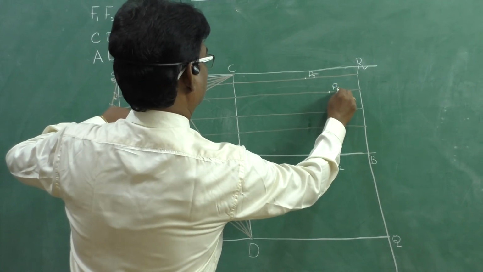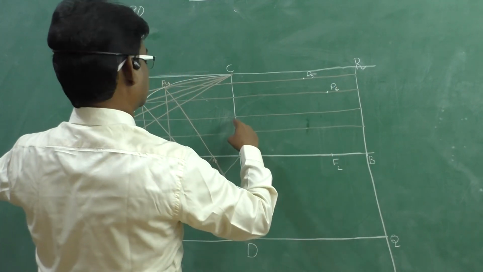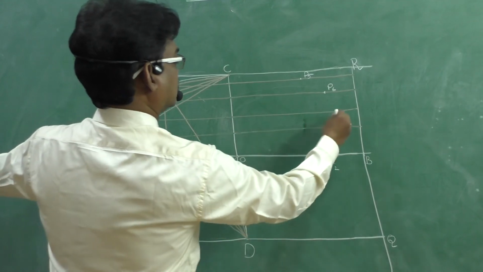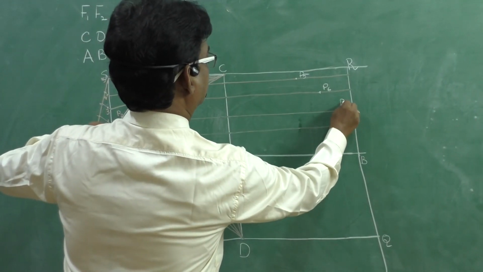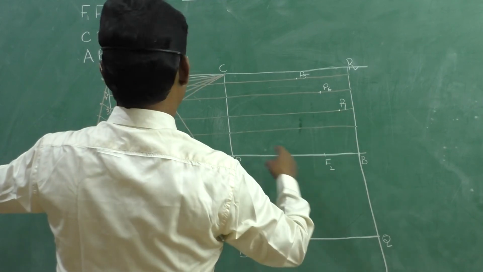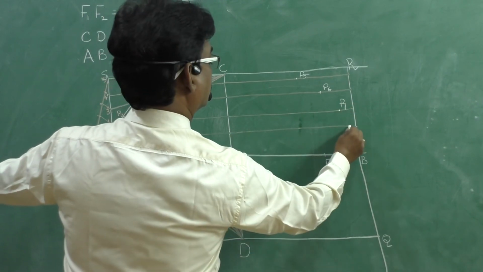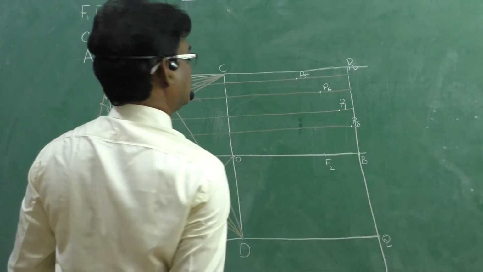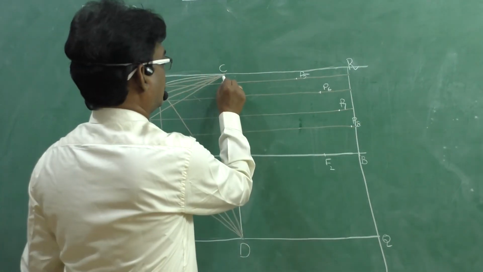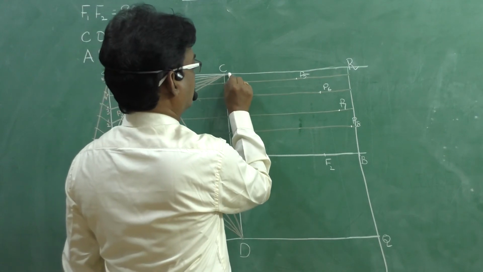Let it be P6. Next, here to here, whatever be the length or distance you observed, you need to put on the other side, here to here, P8. Okay. After that, draw a smooth profile from here.